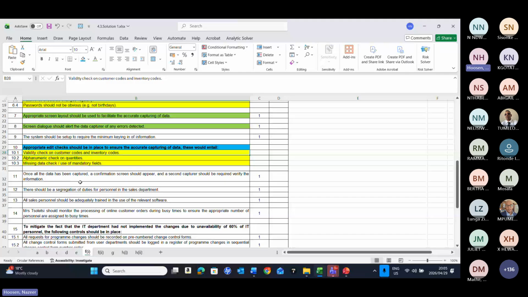That's missing data. There are various other error checks as well, sequence checks, etc. But these are just a few more easy marks that can be obtained from these controls, the ideal controls that should be in place. More often than not, you will see there is an issue of maybe segregation of duties, and that's an easy mark that can be obtained.